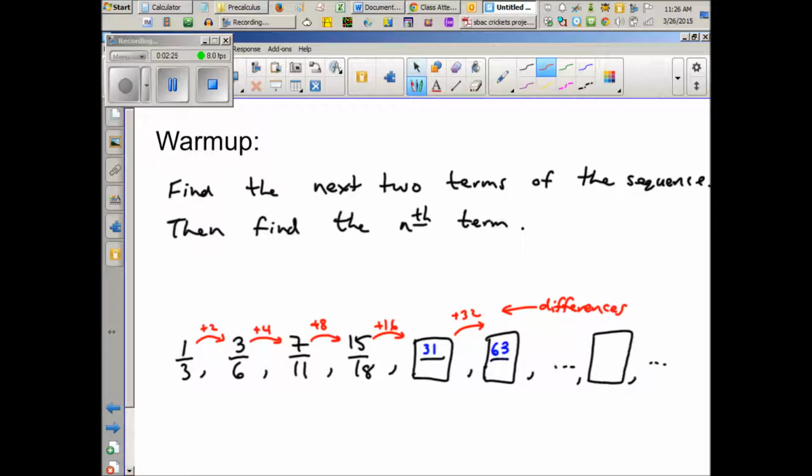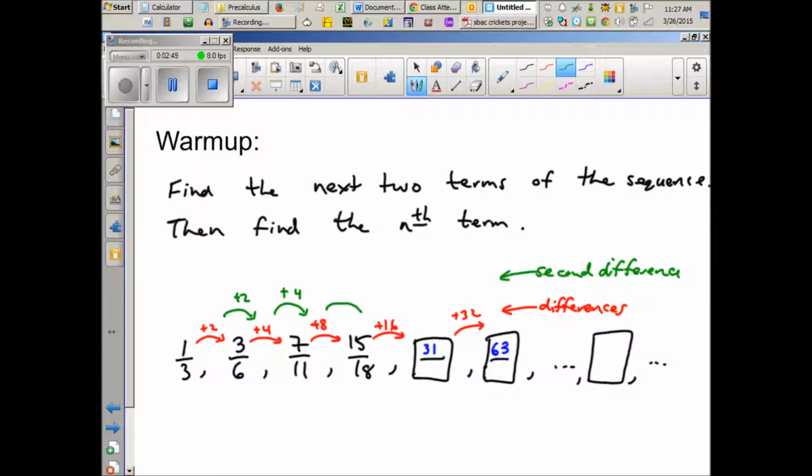What if we find the second differences? That means we look at how the red numbers grow. Okay, this is calculus thinking early, okay? So, what do you notice? Between 2 and 4 it grows by what? 2. Between 4 and 8 it grows by what? 4.